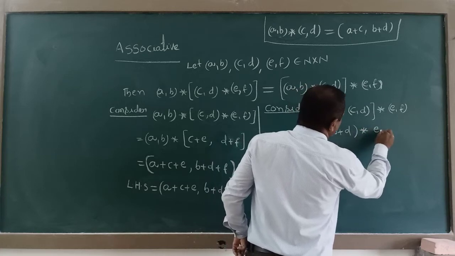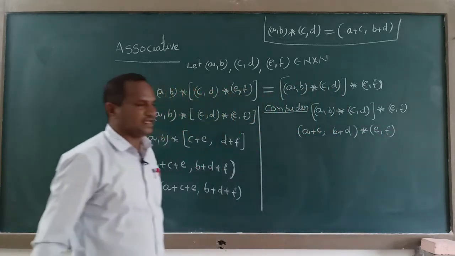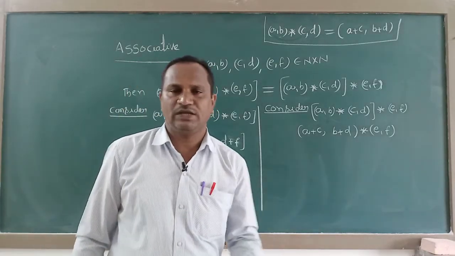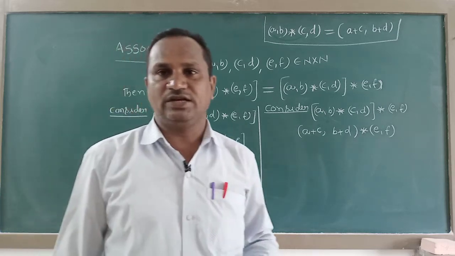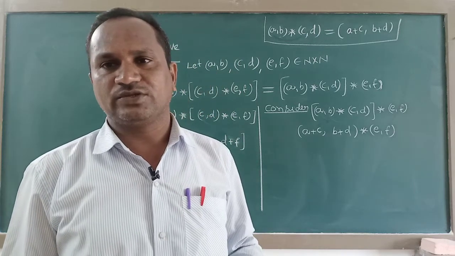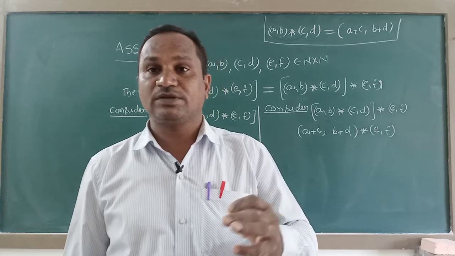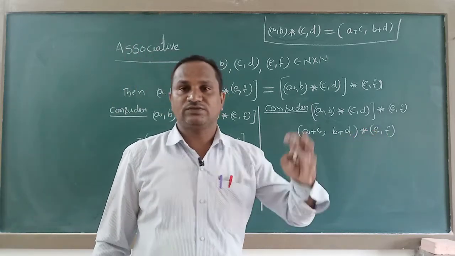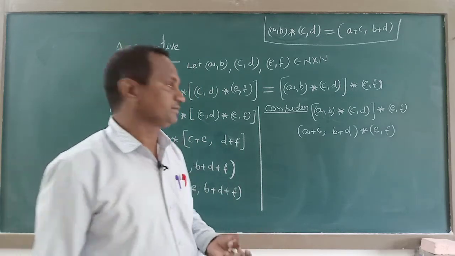One more ordered pair is E comma F here. Once again star has come. Once again star has come means we have to apply the given definition once again. Already I have mentioned, if star has come any number of times, we have to apply the given definition that many times. Here star has come twice, so here we have to apply the given definition twice.